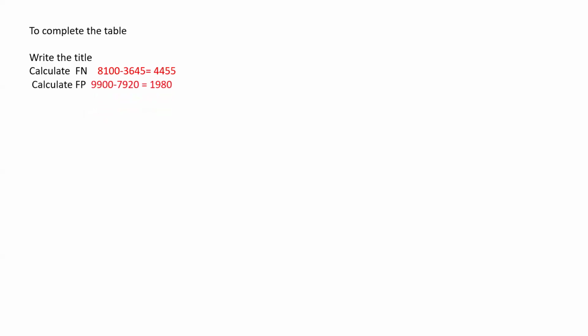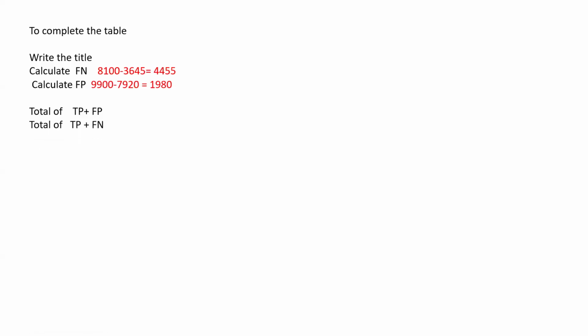We also need to calculate FP, which is the total of FP plus TN, 9,900, minus TN, which is 7,920, and we would have gotten 1,980. For the total of TP plus FP, we also need to calculate that.